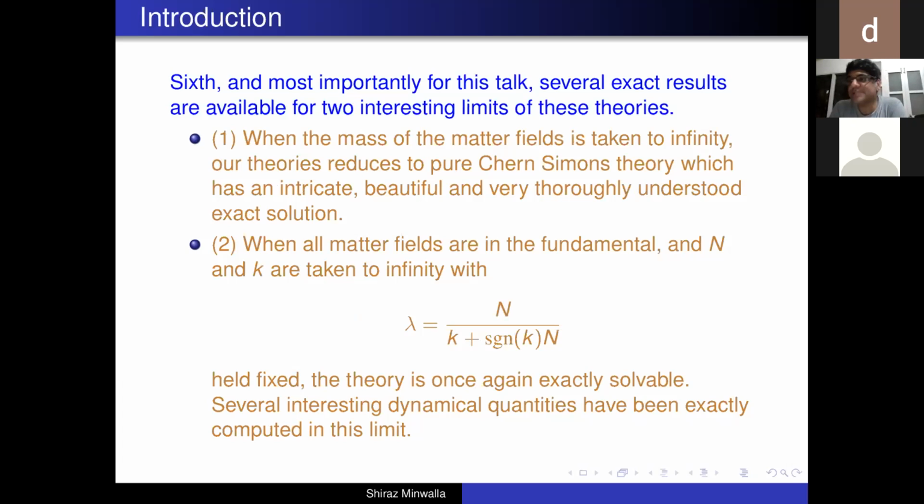And this holds out the promise of studying some of these interesting strong coupling dualities and other phenomena in exact results. Because the only way you can study strong coupling duality in exact results is if your computations work for all coupling, not just for weak coupling.